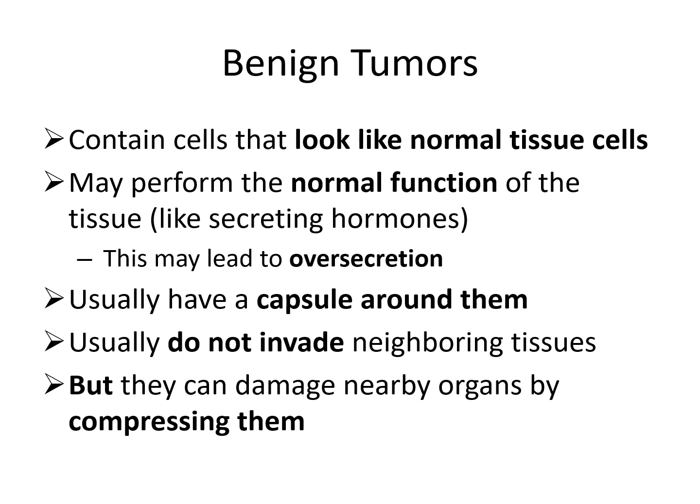And they may actually perform the normal functions, and that's very common, for example, in endocrine tumors. The benign tumors are normal tissue, yet they're secreting hormones excessively, and so we'll call that oversecretion.